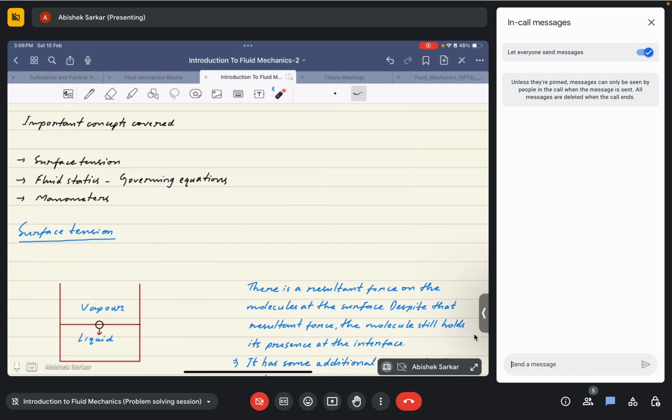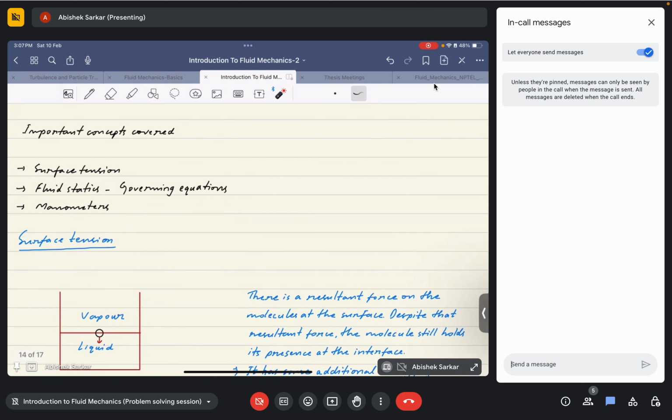Okay, so these are the three topics that were discussed by Professor Chakraborty in the lectures: surface tension, fluid statics and its corresponding governing equations, and the basic principle of manometry. Since there are three students in the class, I would like to know from any one of you, what do you understand by surface tension? Please feel free to answer.